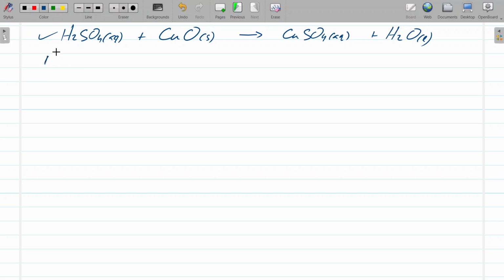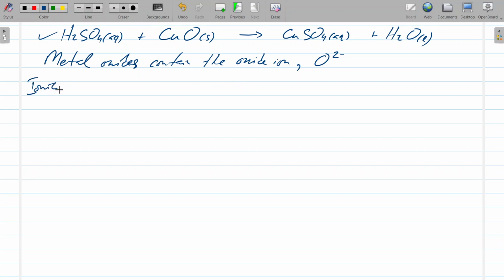Right now, metal oxides contain the oxide ion, which is O2 minus, right? And so the ionic equation for this reaction, one, you've got the neutralization.